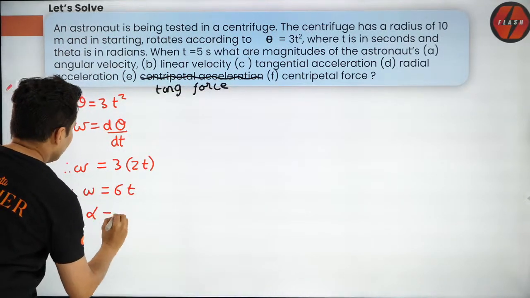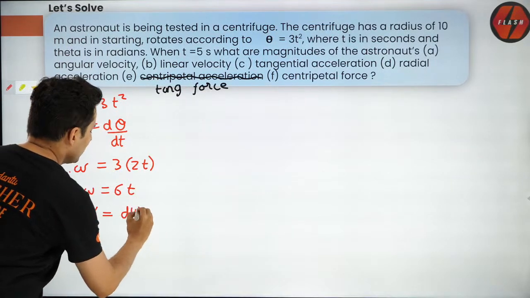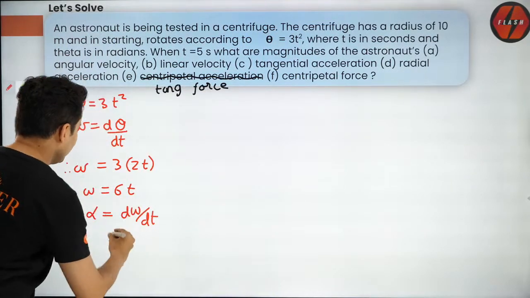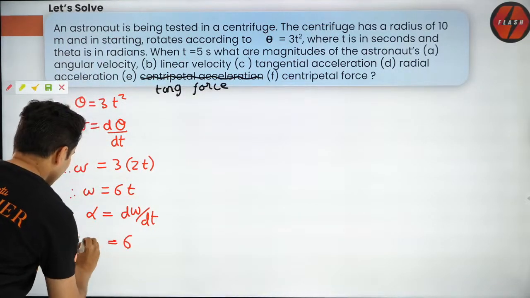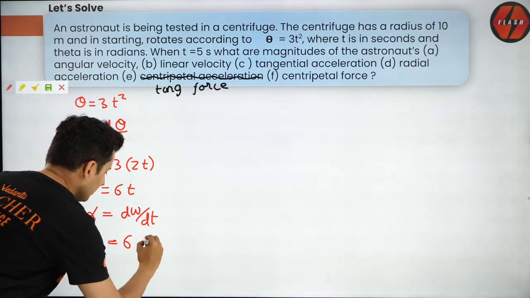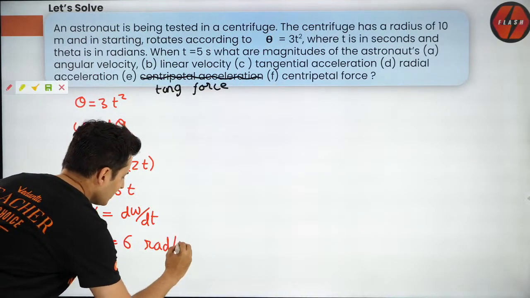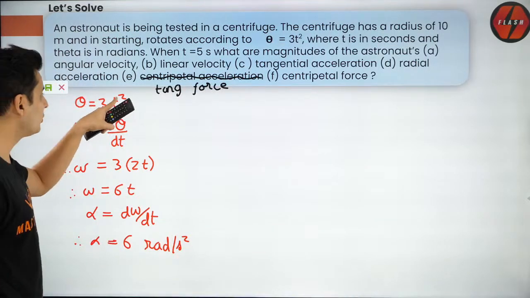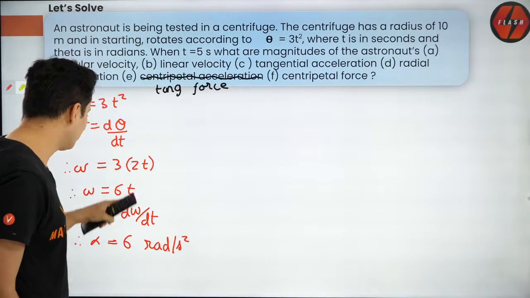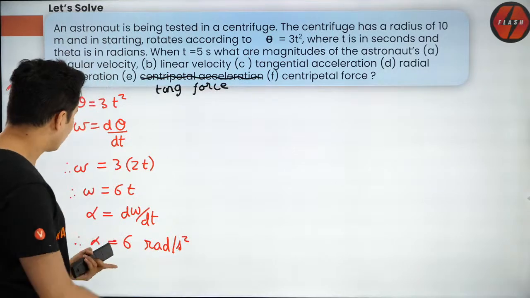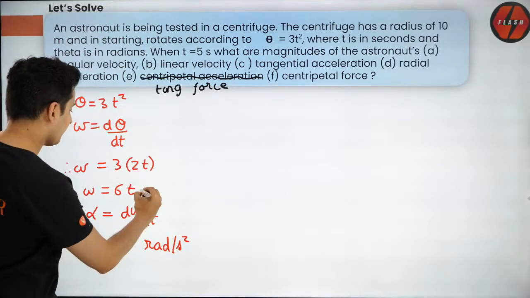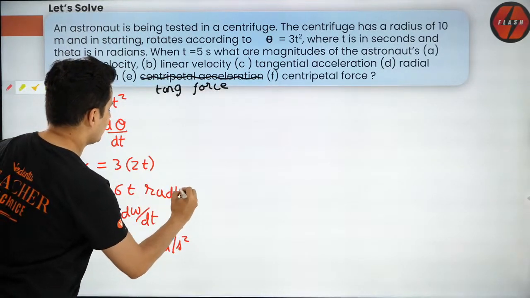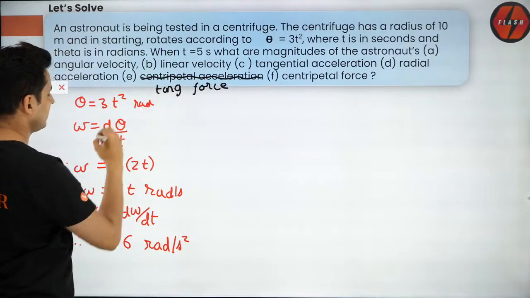Now I can also find alpha, guys. Alpha is d omega by dt. So the derivative of 6t will be just 6. The good thing is alpha is a constant. So I'll just put it as radians per second square. If this was a cubic function, this would be a quadratic function, this would be a linear function. In that case, alpha won't be constant. So now this is in radians per second and this was in radians.